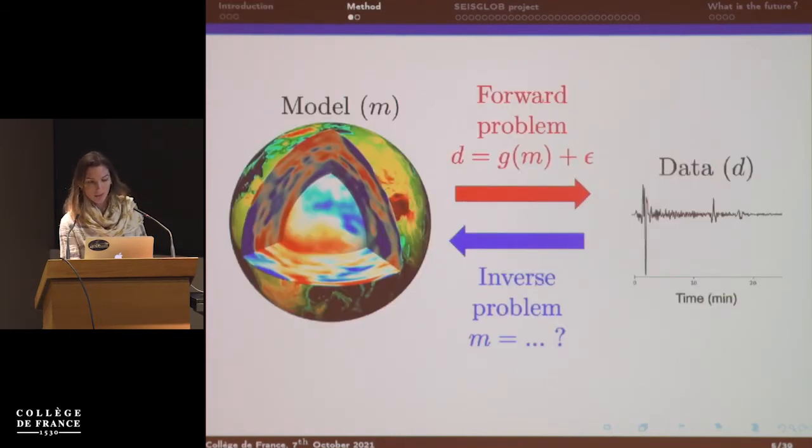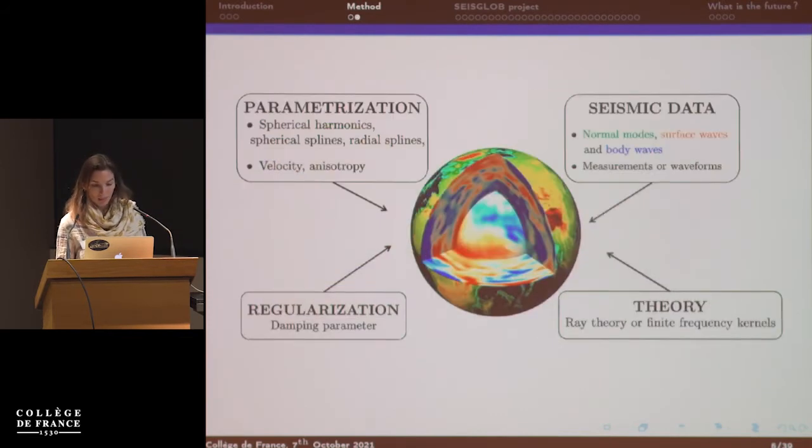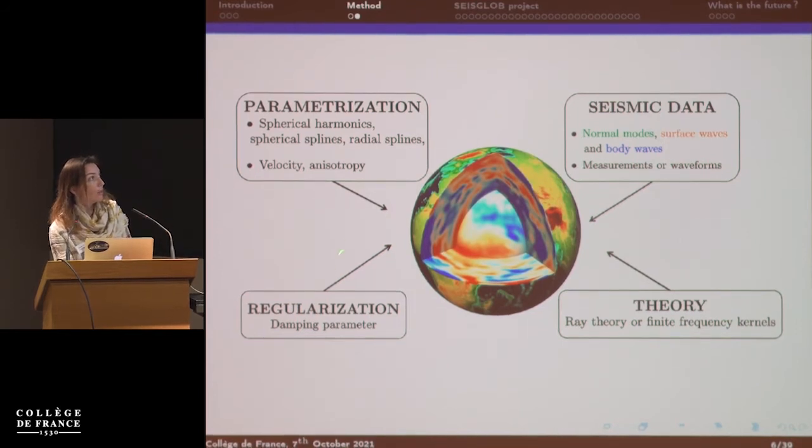I won't go into the details of the method. Christophe already gave you a nice overview. But basically, we have data, and we want to invert for the model. And as Christophe and Stefan already said, we have to make choices when we do this inversion. Of course, I would still say the main ingredients are the seismic data that you want to use, and we try to combine a maximum of data: normal modes, surface waves, body waves.